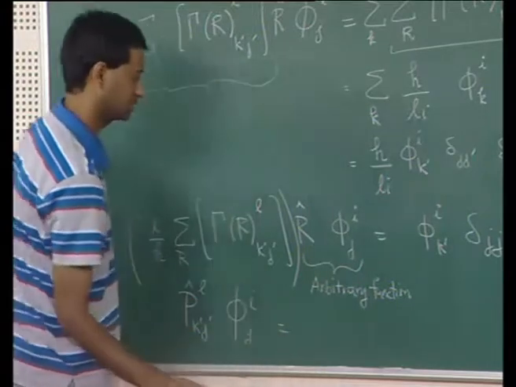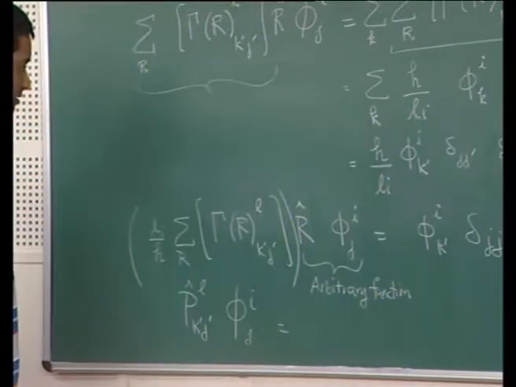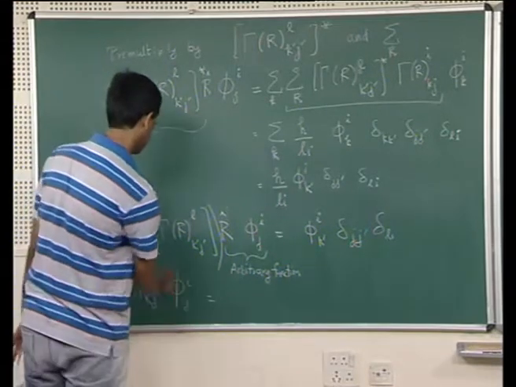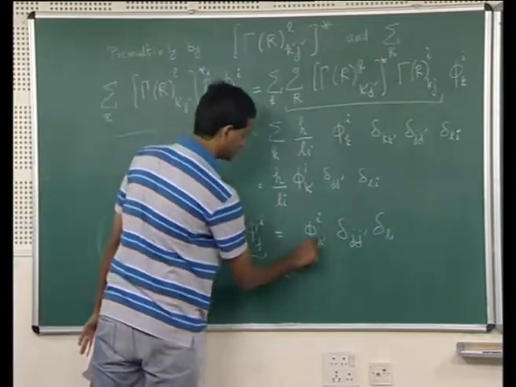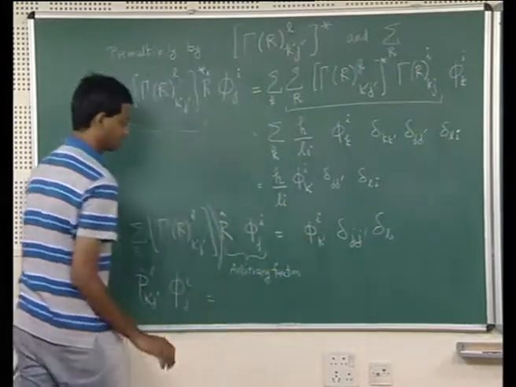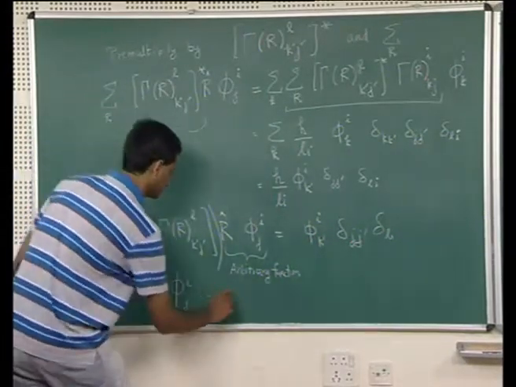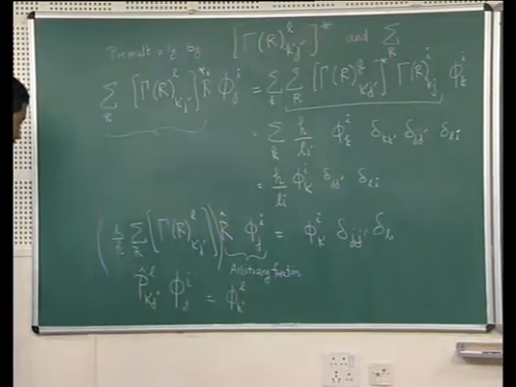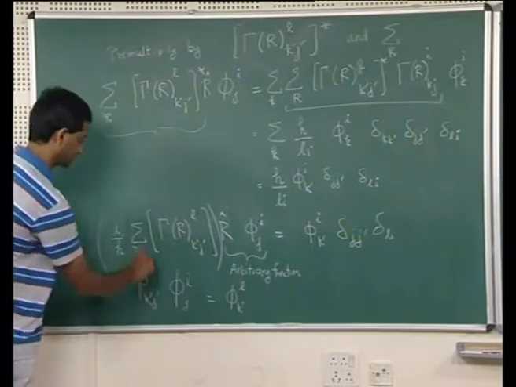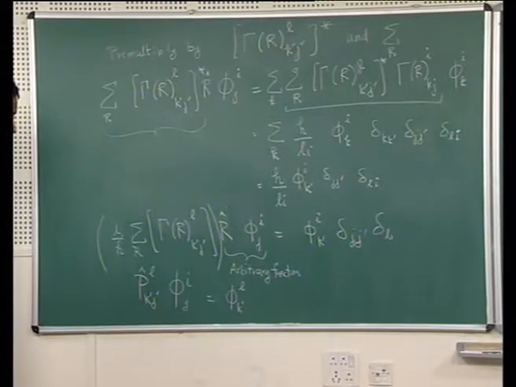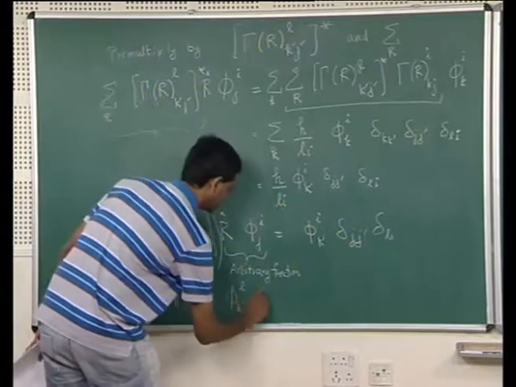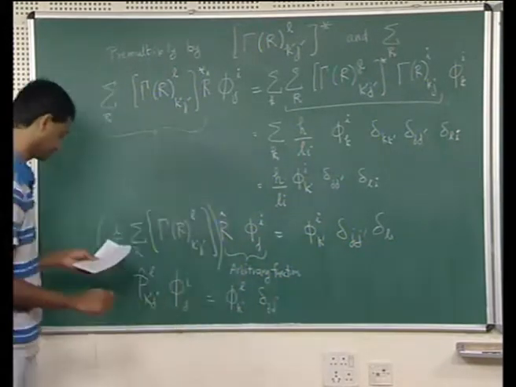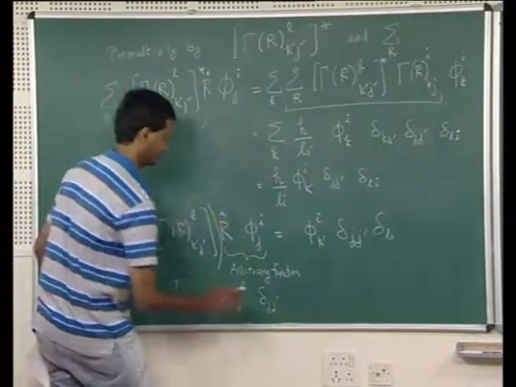What you get out of this is phi k prime I, which is the same as phi k prime L. So I can write this as phi k prime L. I go from the nth representation to the ith representation, and what I have is delta j prime and delta L.